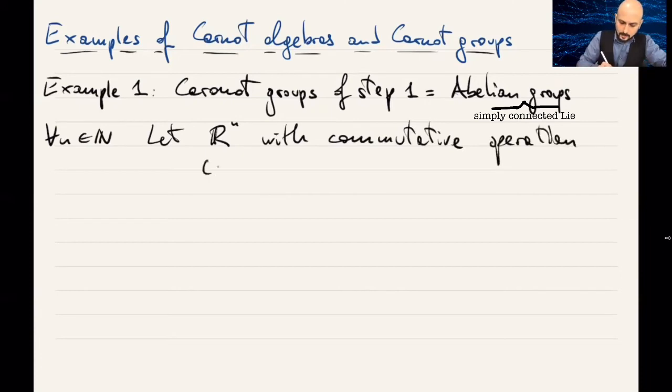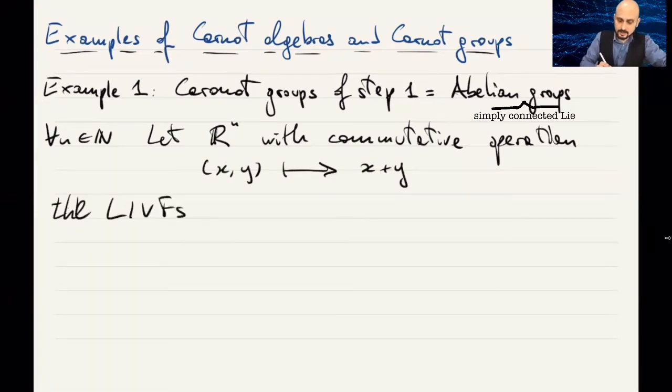So x, y goes to x plus y. And then the left invariant vector fields are just the constant ones.